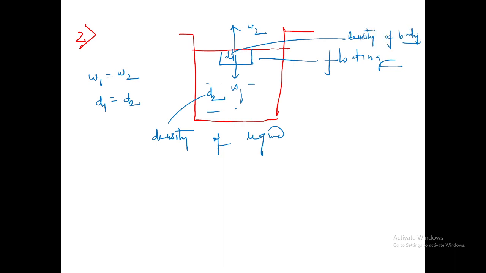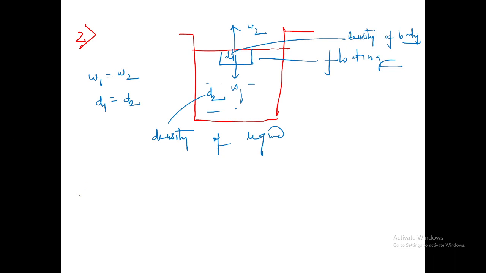In this case, when the density of the body and the density of the liquid are equal, or the weight of the body is equal to the upward thrust, then the body will float just below the surface of the liquid and the apparent weight of the body is zero. The body will be in the weightless condition.